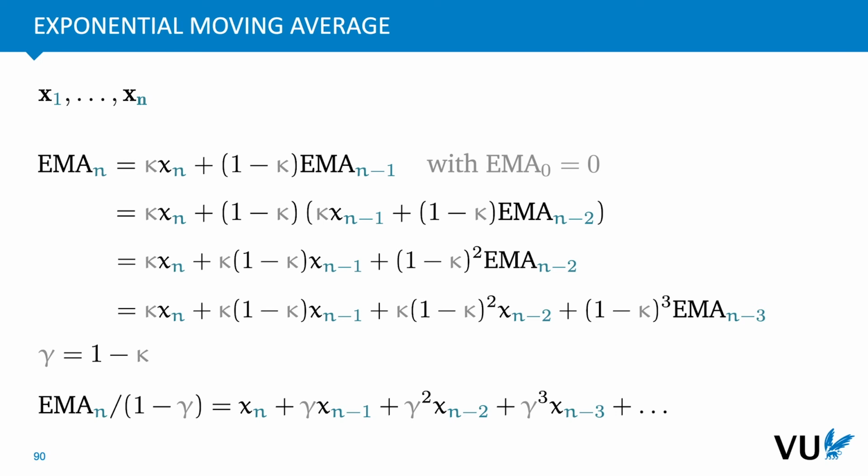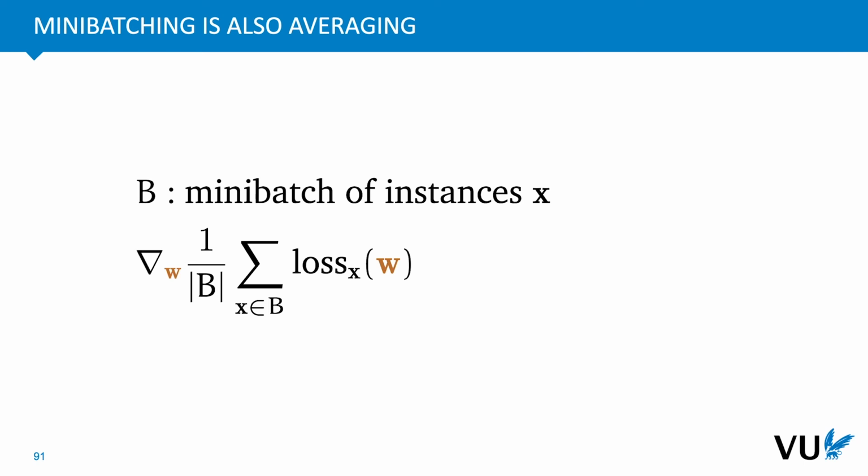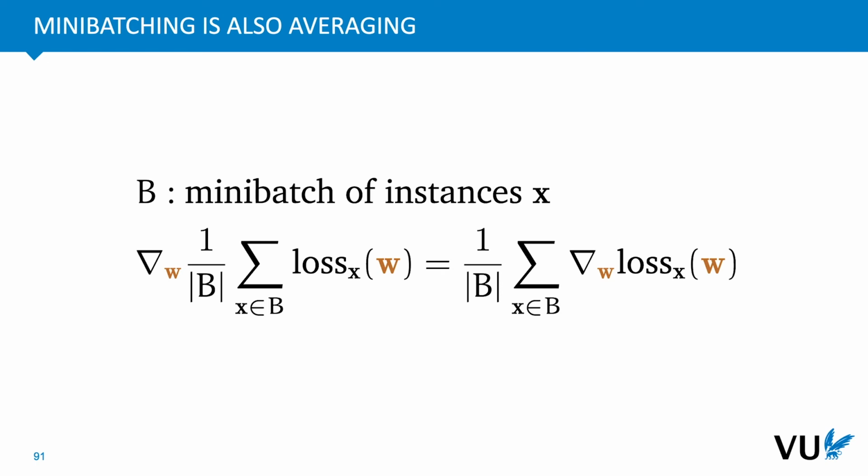Note that the idea of taking averages in order to stabilize learning is not a new one. If we have, for instance, a mini batch of instances and we compute the loss over that mini batch by taking the average loss over the instances in the batch, then the derivative of that loss, the gradient of that loss, we can take it inside the sum, and we see that the loss for the mini batch is essentially an average of the losses for the separate instances.